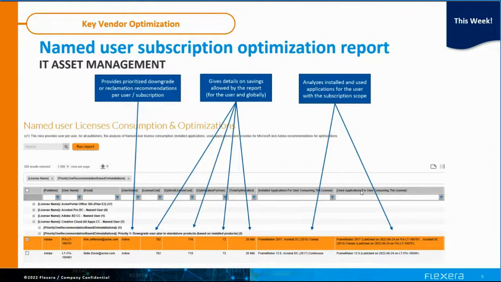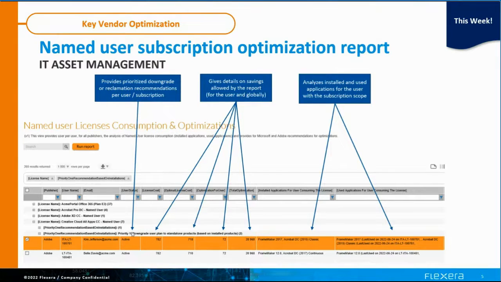And very quickly, this report will analyze, for all your named user licenses, user by user and give you transparency on what has been installed, which is consuming the license, what has been used and that is consuming the license, and a number of recommendations are calculated by the report based on some specific use case for Adobe and for Microsoft 365, knowing the sort of sequence of subscriptions.